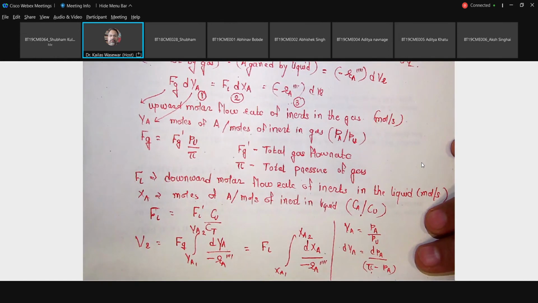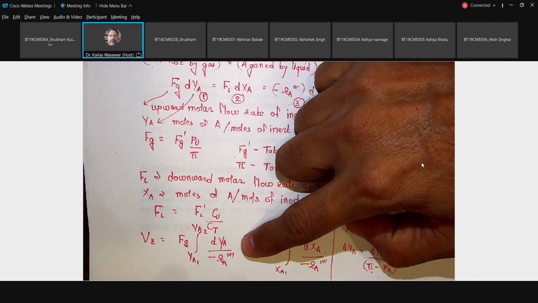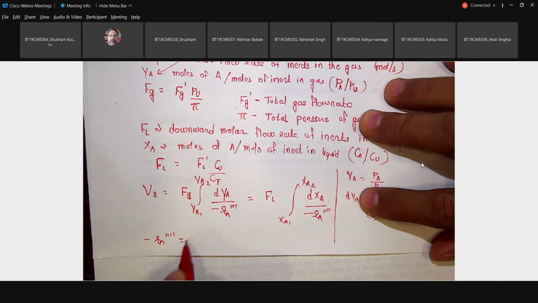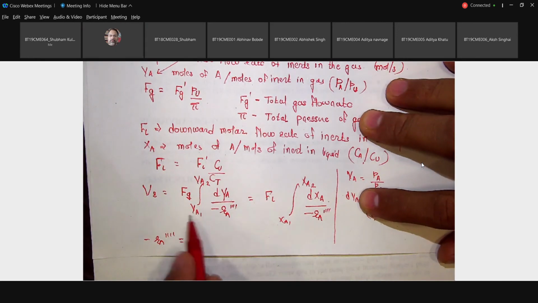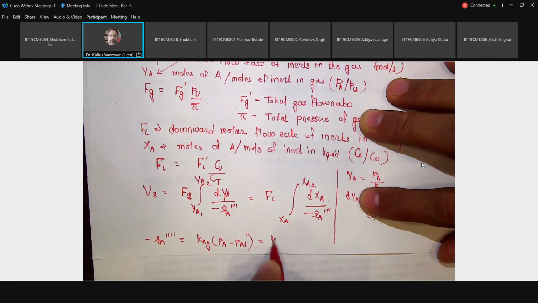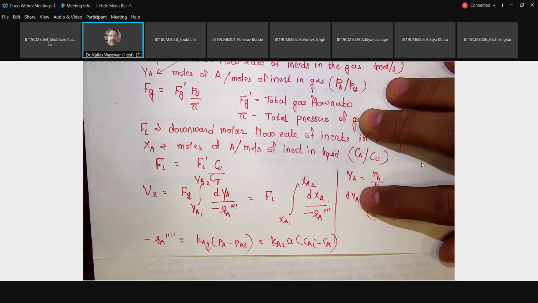KAG, or simply you can write this Ra double prime is equal to what you are writing. If you recall your equations, it will be KAG PA minus PAI, and it will be KALA CAI minus CA, is it? So this was the equations.